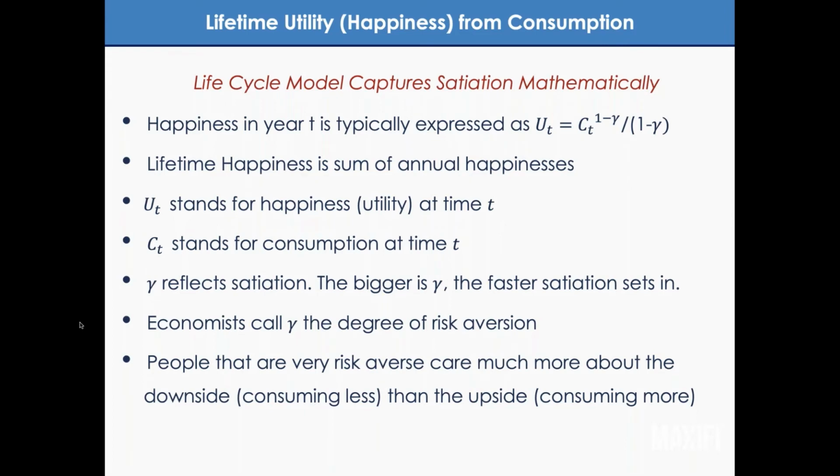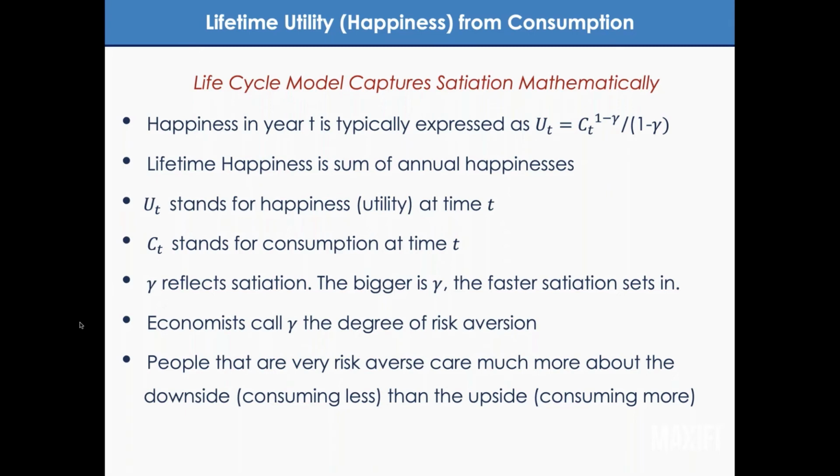So on any trajectory, if we're dealing with Martha and Sam, from 50 to 100, they've got about 50, not 80, about 45 or so values of this C_t, and therefore 45 or so values of the U_t. And along any trajectory, we add up all the lifetime U's to figure out their total lifetime realized happiness. How much did they end up getting along that trajectory in terms of lifetime happiness?